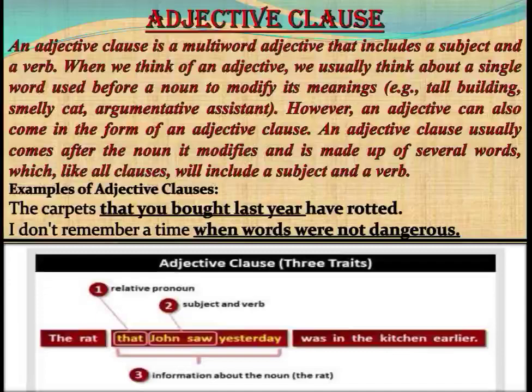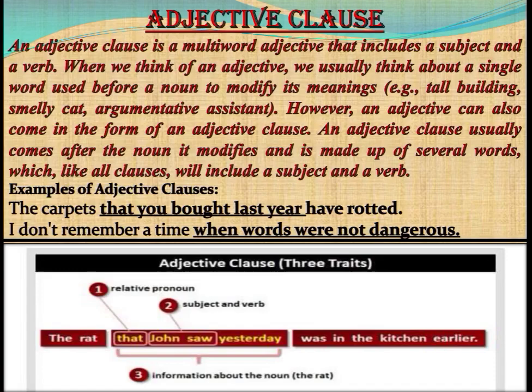The easy way to understand the adjective clause is that it will have an antecedent. Now, what is antecedent? Antecedent is that word which comes just before the conjunction. We know subclause starts with subordinating conjunction. So, before the subordinating conjunction, if we have the noun or pronoun, we can understand that is adjective clause.